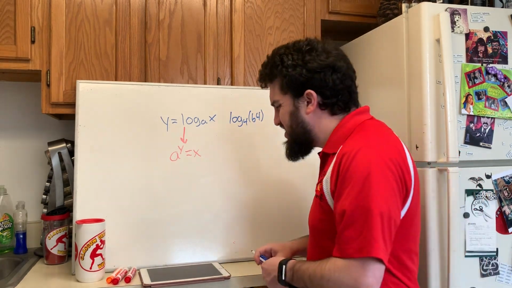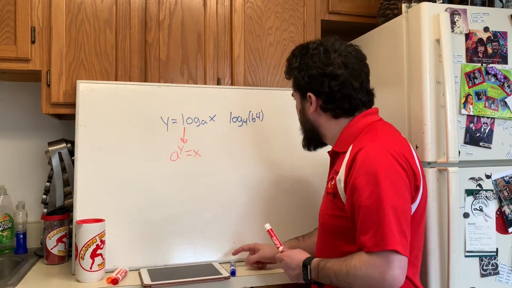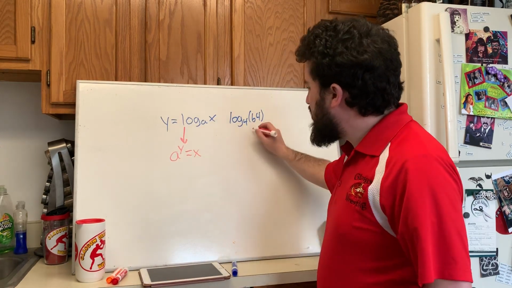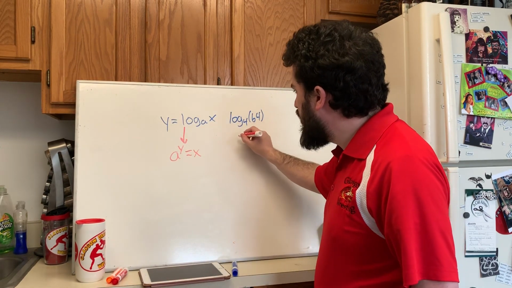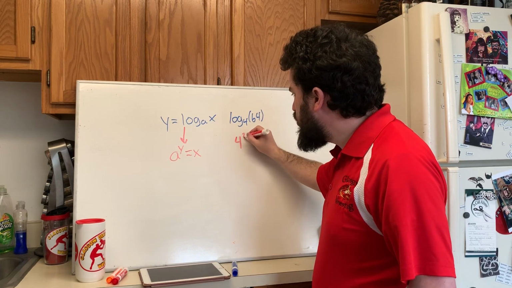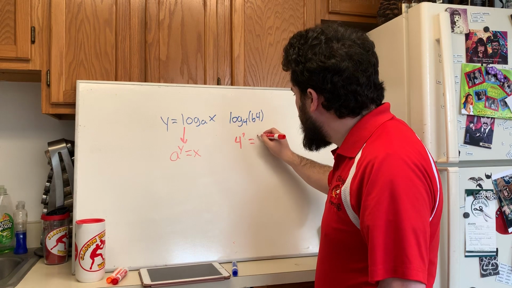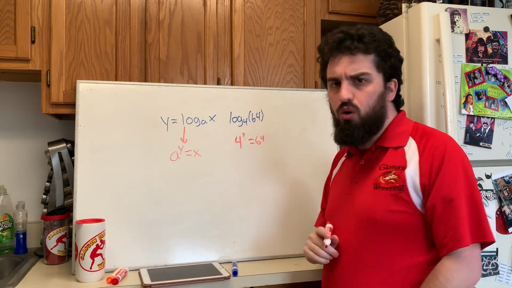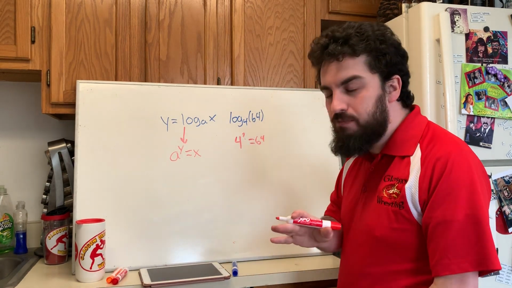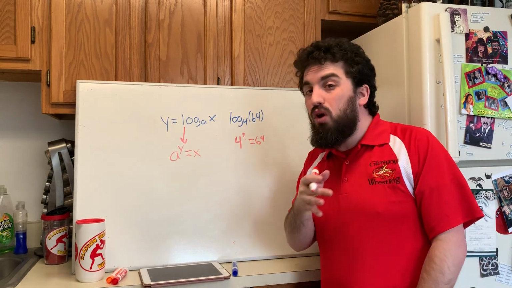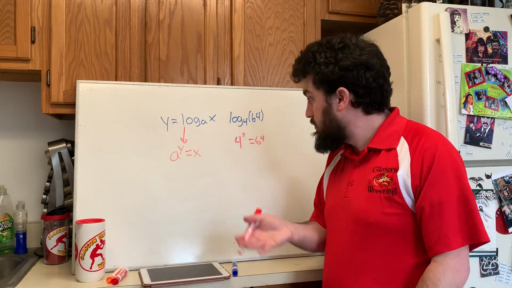What this is essentially asking me is, 4 to what unknown power is equal to 64? Now, this is one we can do in our head.